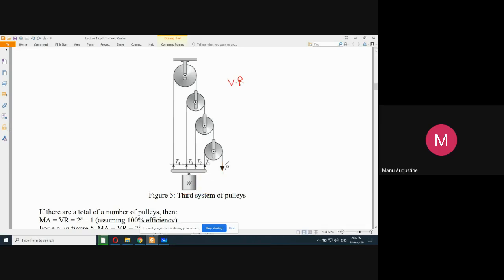Now you are holding it. So you are holding this thread by applying an effort of P and the weight is simply hanging in midair. So that means you can say that by the application of my effort, I have successfully lifted the load W.